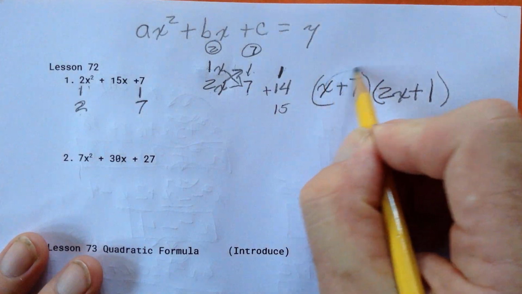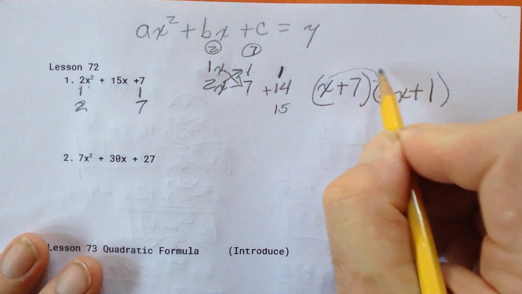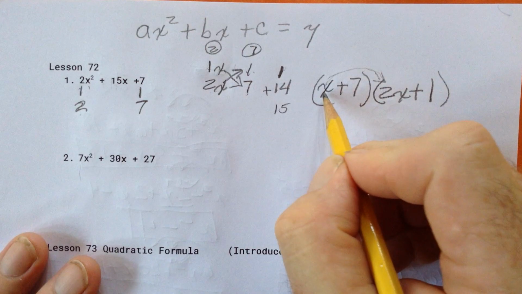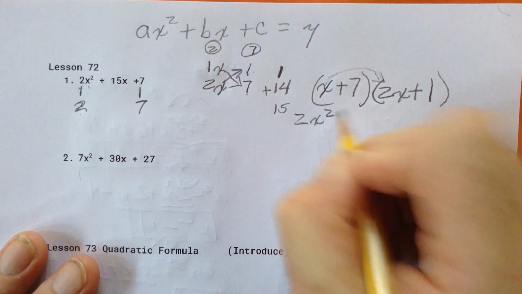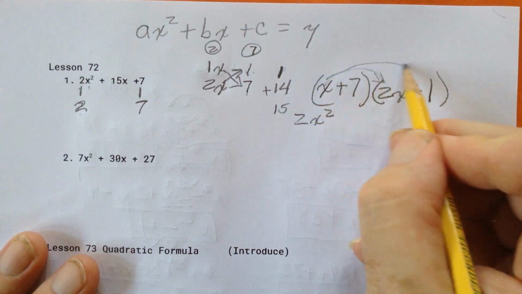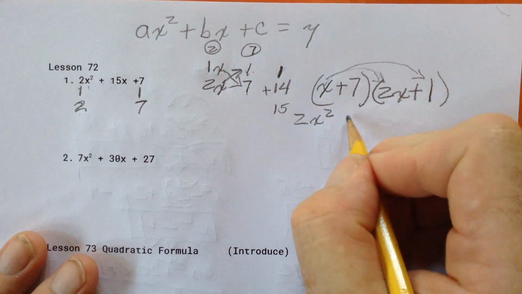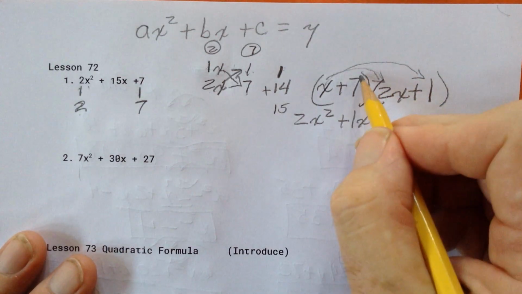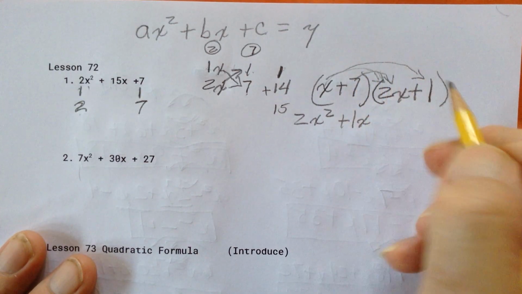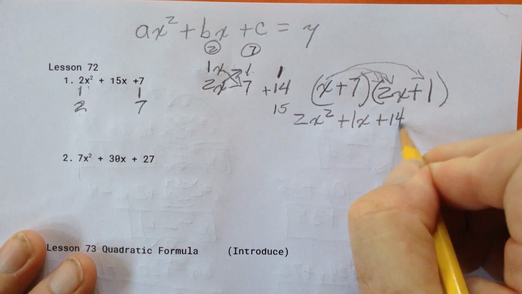I can do it like we did in lesson 69. If I go x times 2x, that'll be 2x squared. And then x times 1, that'll be just 1x, or x. And then if I go 7 times 2x, that'll be 14x.